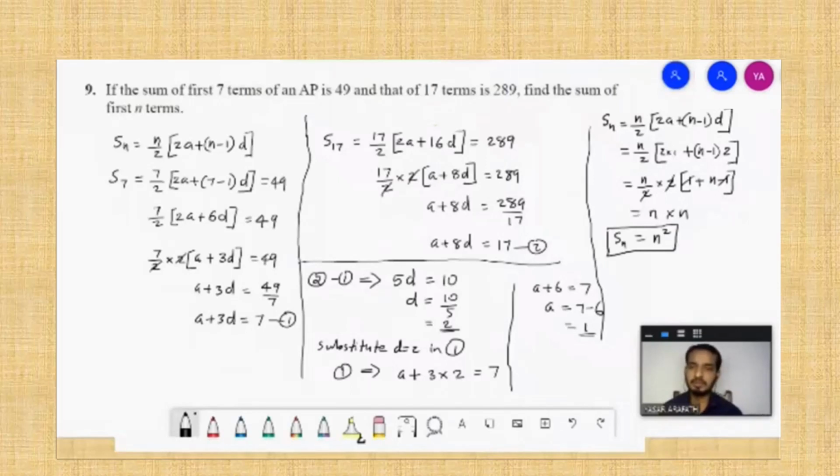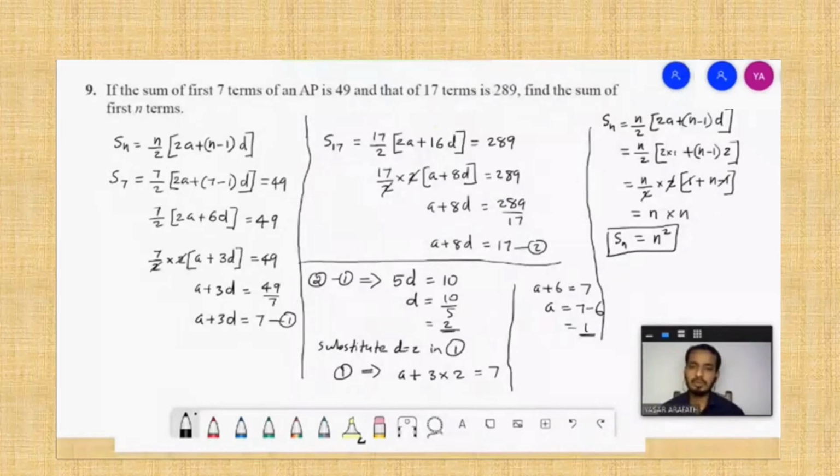Okay, so I shall repeat again. Here the question is, the sum of first 7 terms of an arithmetic progression is 49 and of 17 terms is 289. We want to find the sum of n terms. So we cannot get the answer in numbers because the sum of n terms is given in algebra only. So the answer will be in terms of n. How did we do it? We know the formula to find the sum. So we applied the formula in S7 and S17.